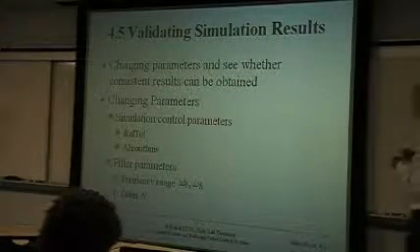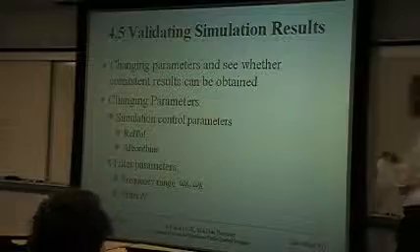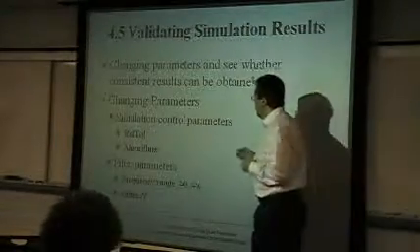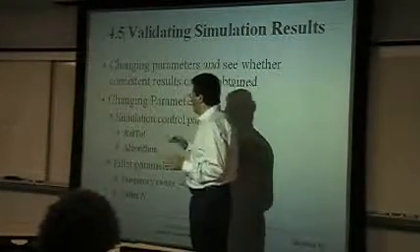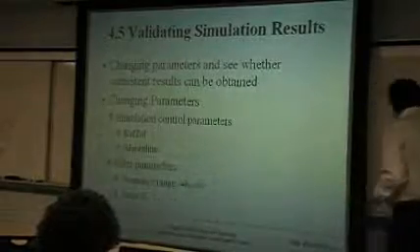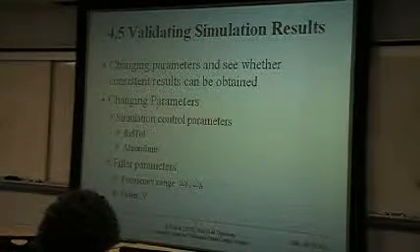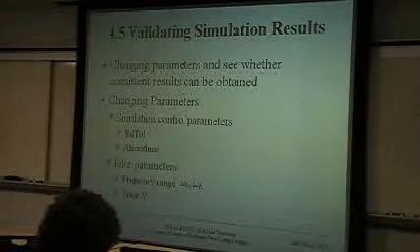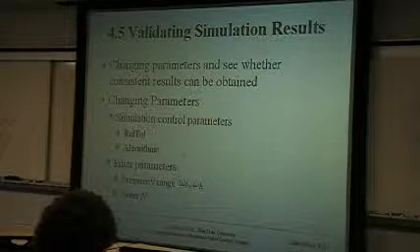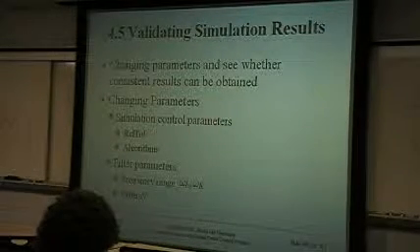We have to change the tolerance and see whether we can get the same result. Or we can change the algorithm in simulation. We can change it from ODE45 to ODE15S, for instance, and see whether we can get the same result.